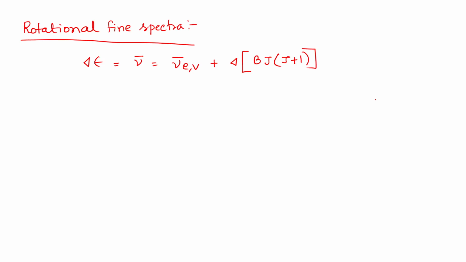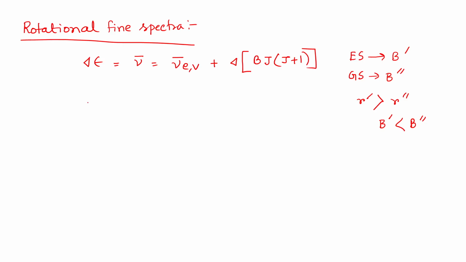B value will change with the electronic states, right? In the excited state, suppose it is B dash, and in the ground state it is B double dash, and suppose your bond length is more in the excited state than the ground state, then your B dash is going to be smaller than the B double dash, right? That is already known.